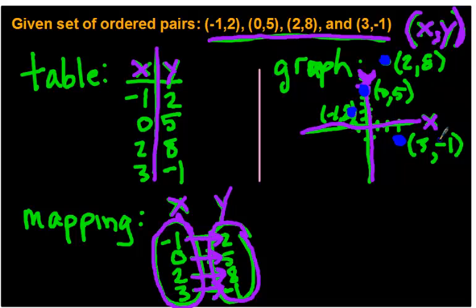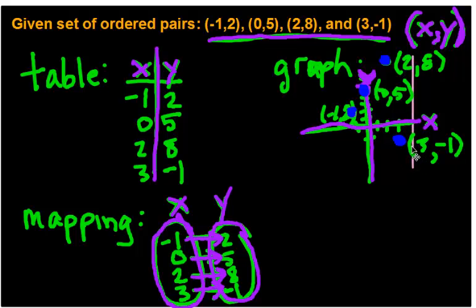Now we were talking earlier about these x's not repeating. They didn't do it in the table, they didn't do it in the mapping, so as well they shouldn't do it in the graph. The tool that we use when determining if x's repeat in a graph is what we call the vertical line test. We take a vertical line and we drag it across the graph, and we determine if there is ever a point where the vertical line touches two points at the same time.